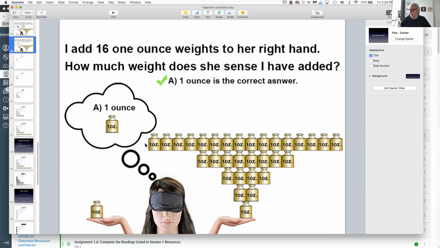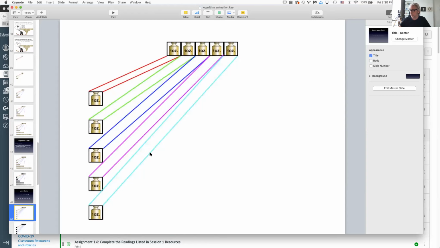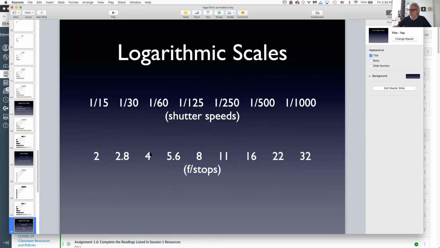The difference that she senses in this amount of weight at the top is exactly the same as this, and as this, and as this, and as this. She sees those as being the same, and it is the same here in f-stops.